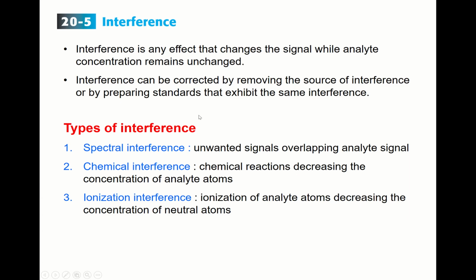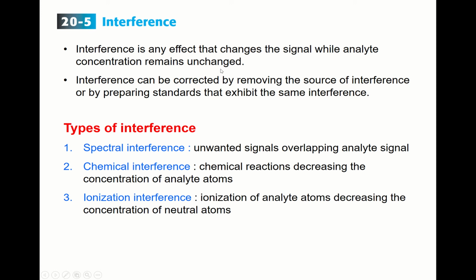Now let's consider the interference. Atomic absorption or emission techniques are not perfect. There are many interferences. Interference is any effect that changes the signal while analyte concentration remains unchanged.